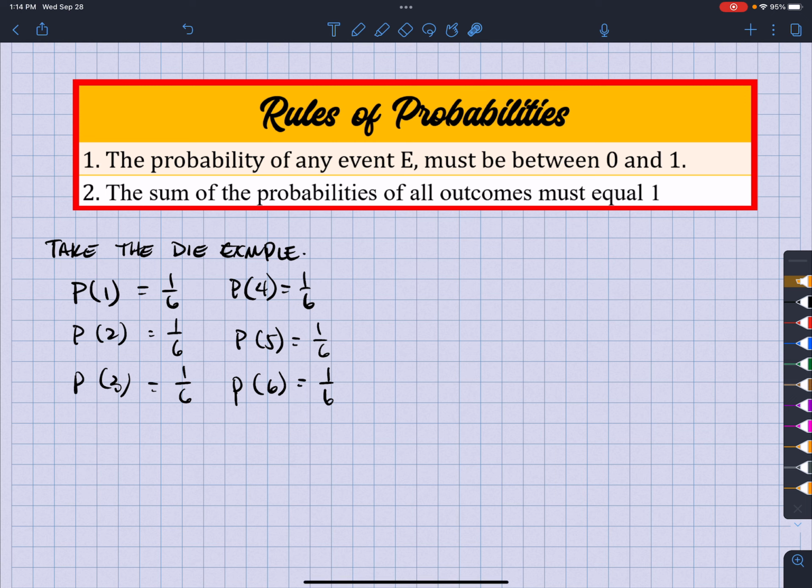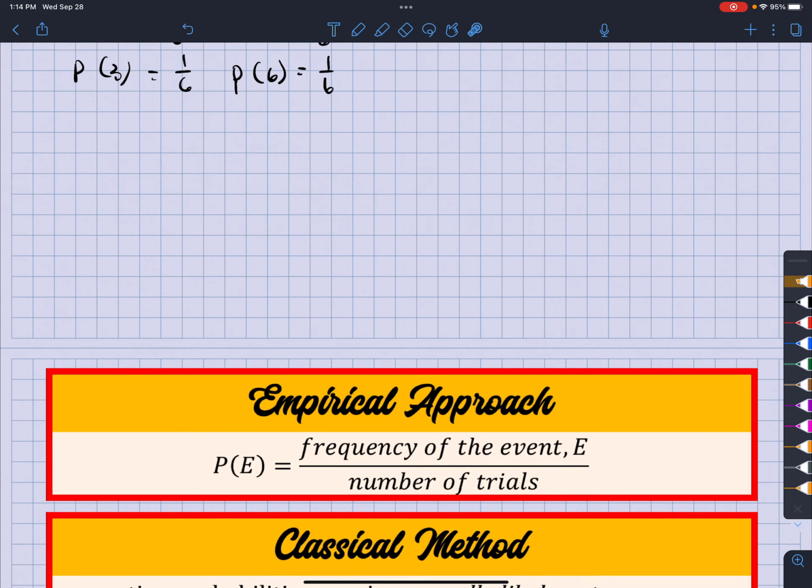Can't be less than, can't be more than, it has to be exactly 1. And if I add all 6 of these 1/6s together, I will get a sum of 1. So therefore, I'm good there. Okay. All right. Let's continue on.